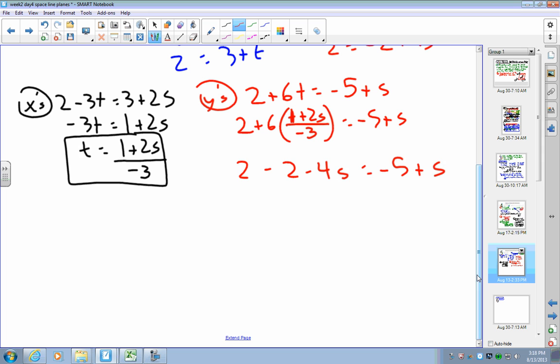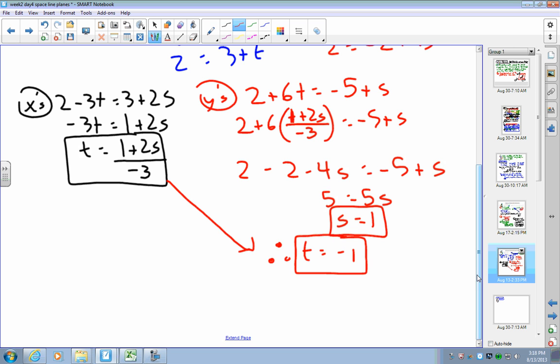That gets me, solving, 5 equals 5s, and s equals 1. And you can check my work if you want. So s equals 1, so therefore, from this connection, t equals negative 1 by just plugging in the s.